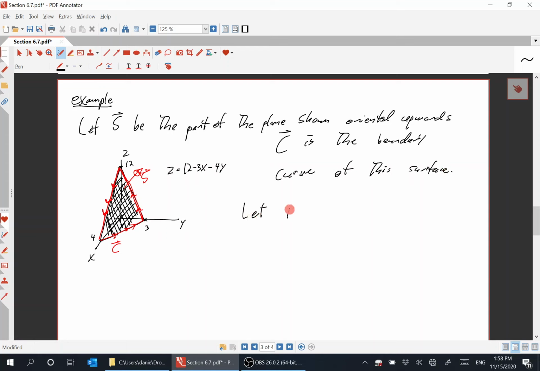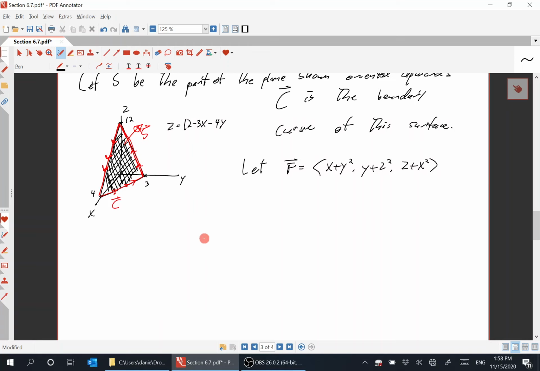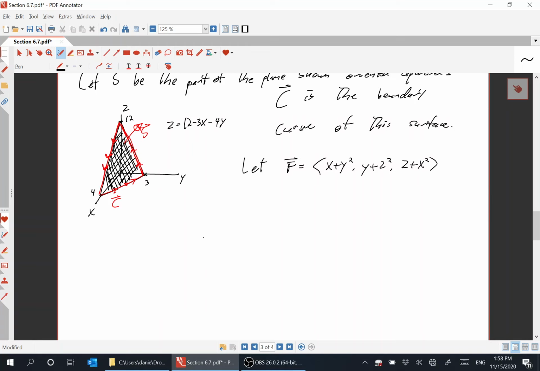Now let F be equal to xy squared, x plus y squared, y plus z squared, z plus x squared. And let's use Stokes' theorem to calculate the line integral over C of f dot ds.